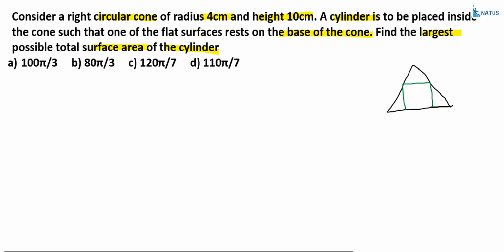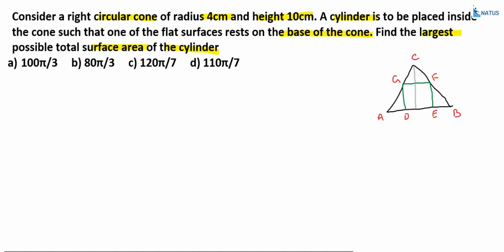Now this is the height and this is the radius. Let us label the points A, B, C, and next D, E, F, and G, right?